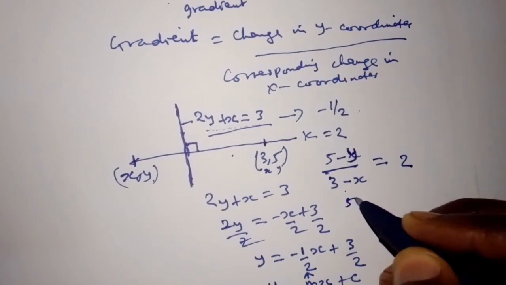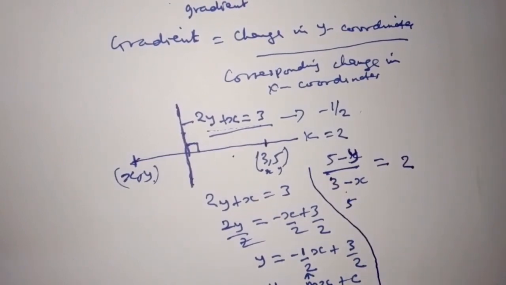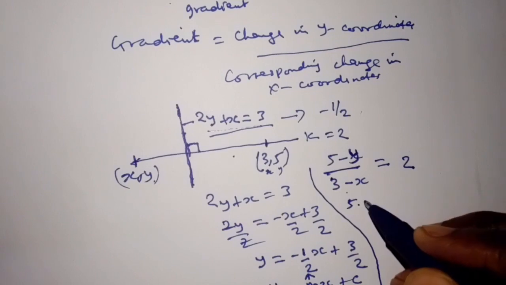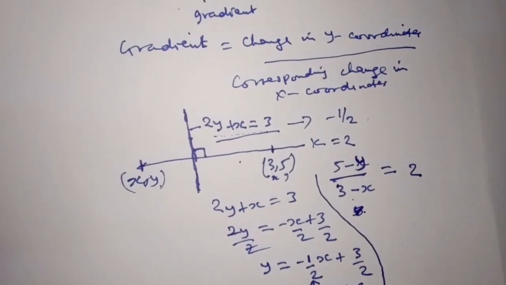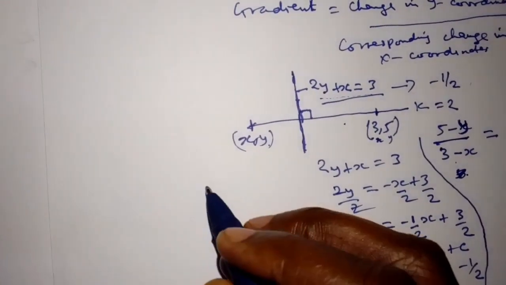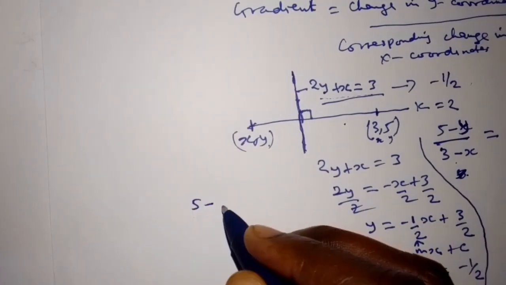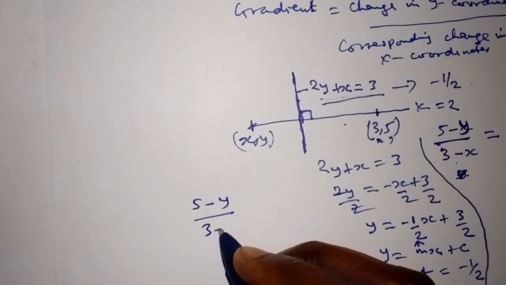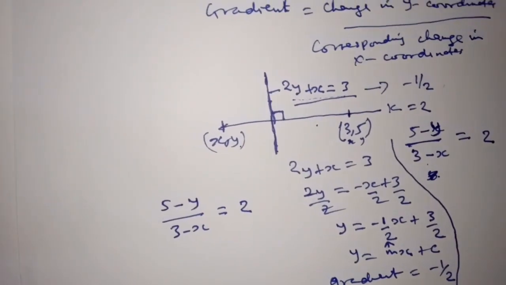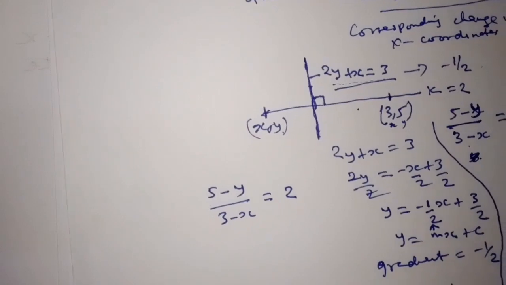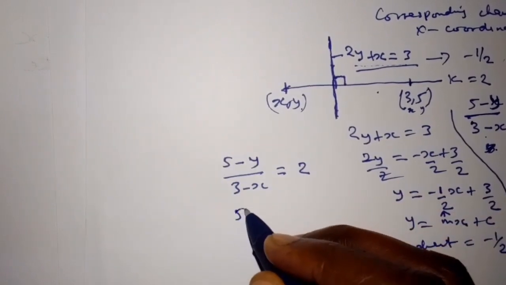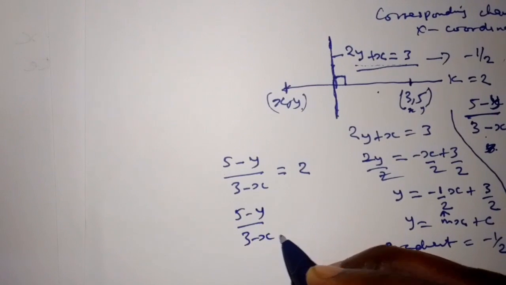We can write this other side: 5 minus y over 3 minus x is equal to 2. I've just copied it, this one here.